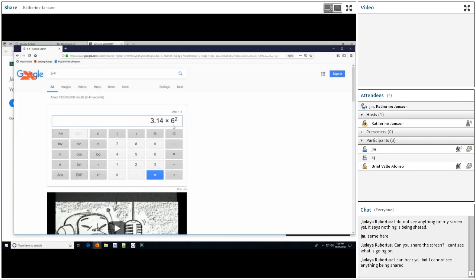You see it populates. Google nicely does the exponent superscripted. Likely on your calculator you won't see that. And our answer is 113.04, and of course you need to manage labeling.